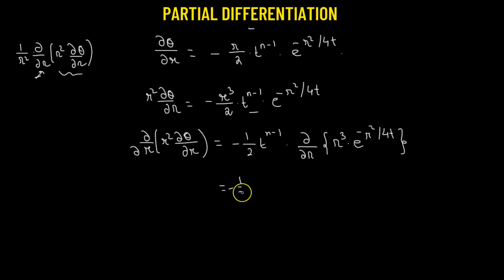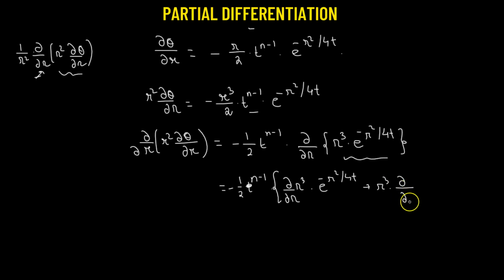Here we'll use the product rule: the partial derivative of r cubed with respect to r multiplied by e raised to the power of negative r squared over 4t, plus r cubed multiplied by the partial with respect to r of e raised to the power of negative r squared over 4t.